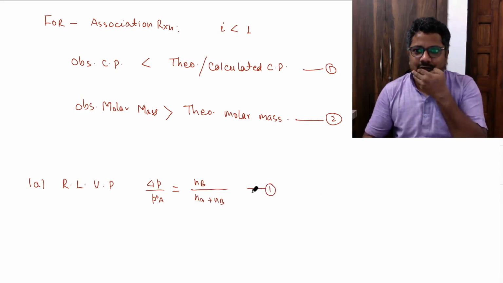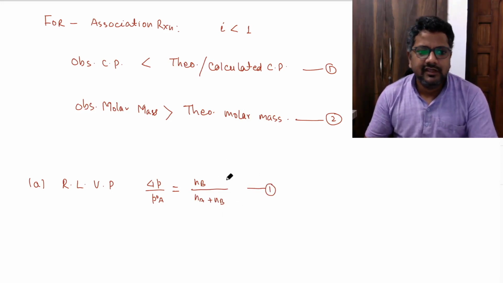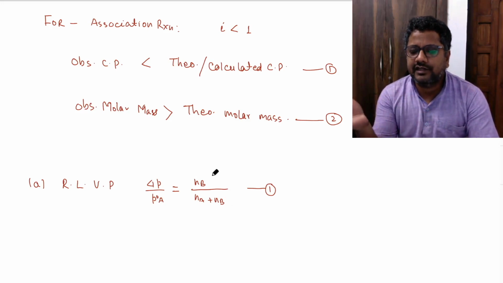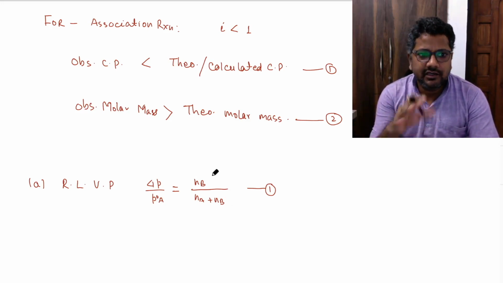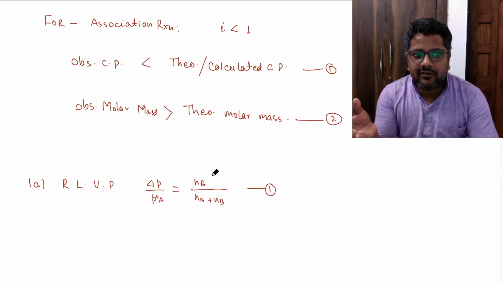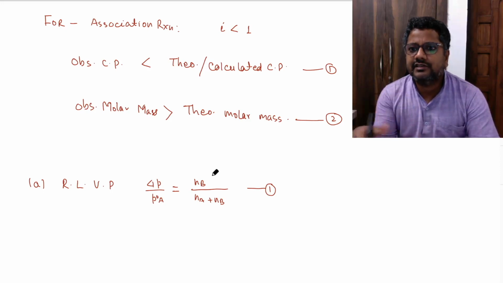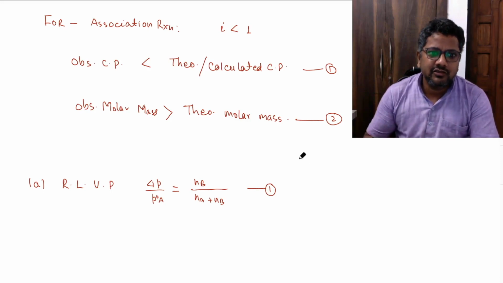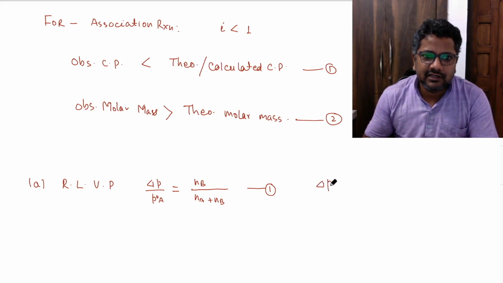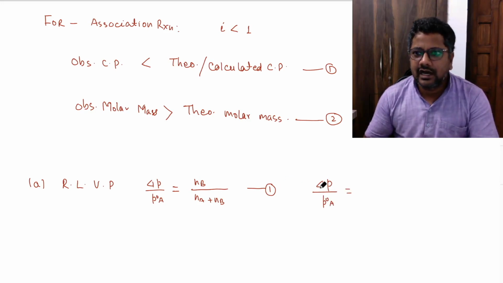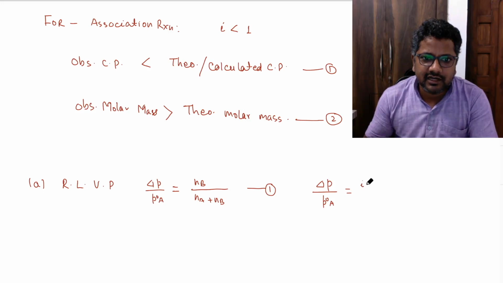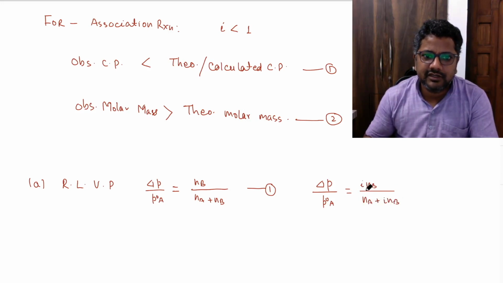For normal solutes, which do not dissociate or associate after mixing, we use this formula. For abnormal solutes, which get associated or dissociated, you use the other formula. Why use a different formula for a different situation? I is a function of the solute, so you multiply I into Nb by Na plus I into Nb.